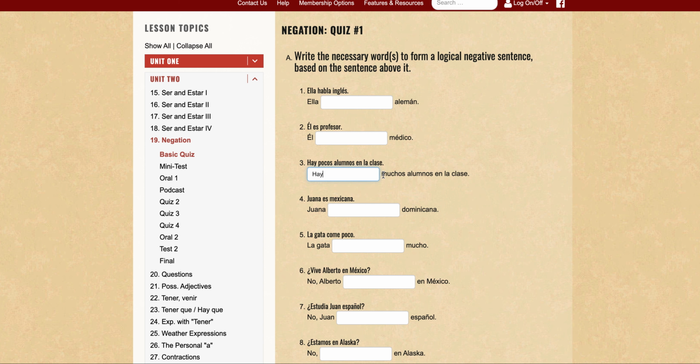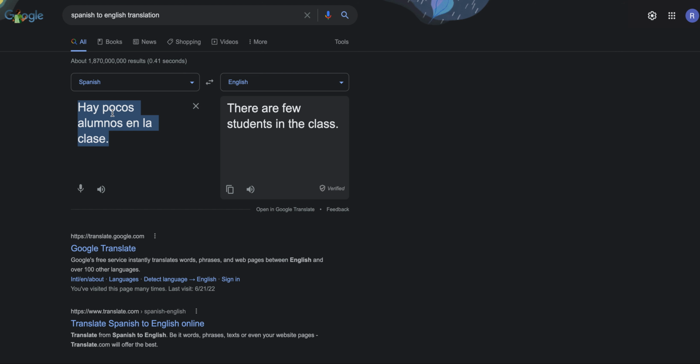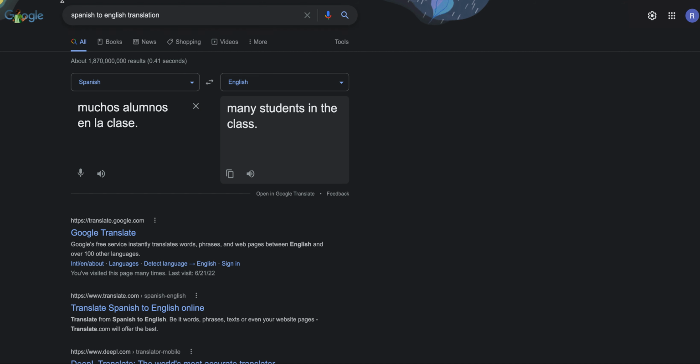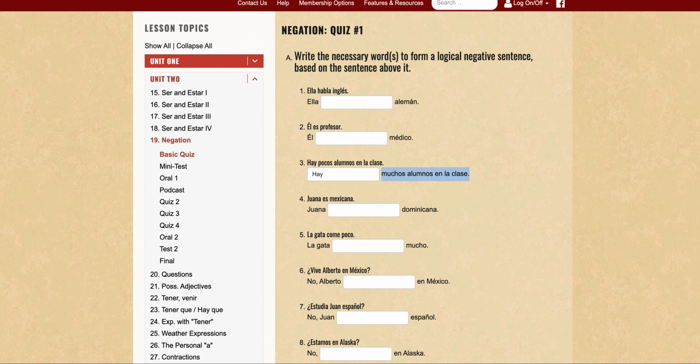And then you have "muchos alumnos en la clase." So "muchos alumnos en la clase" means a lot of students, right? And we can see that over here. So many students in the class. So the answer should be that there are not many students in a class, right? Because the statement is there are a few students in a class.